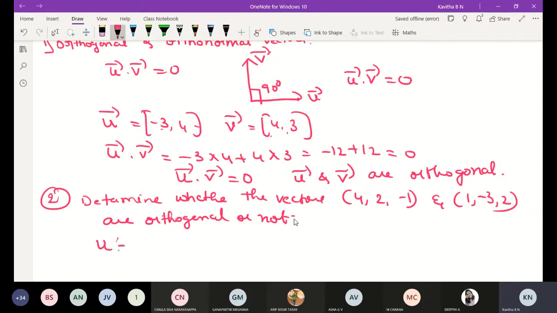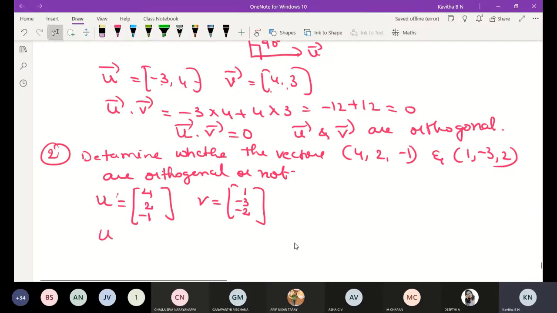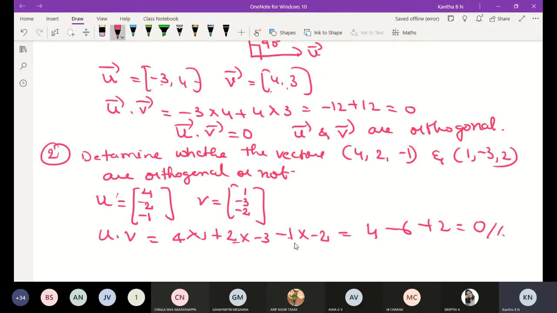Observe here, u is 4, 2, minus 1 and v is 1, minus 3, minus 2. Then u dot v is equal to 4 into 1 plus 2 into minus 3 minus 1 into minus 2. What are we getting here? 4, minus 6, minus into minus plus 2, is equal to 0. Then the dot product is 0.